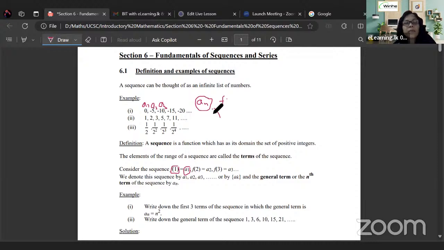If we don't know exactly which term it is, we can represent it as a general term.